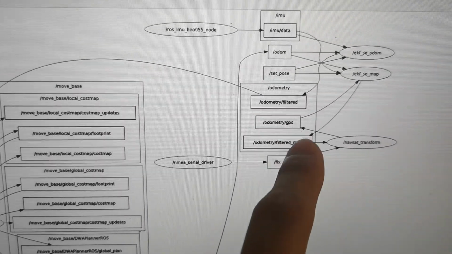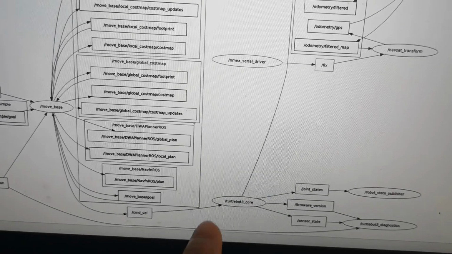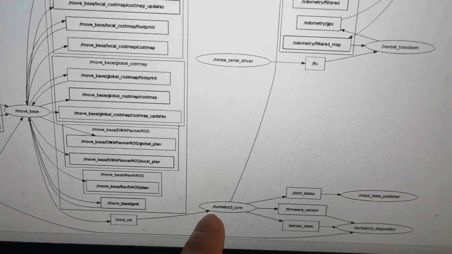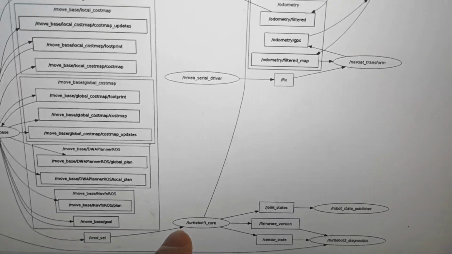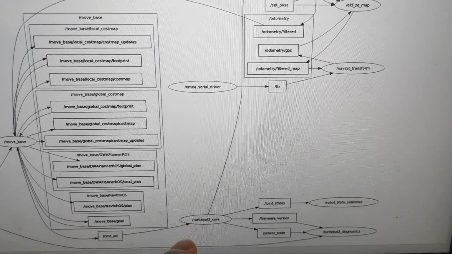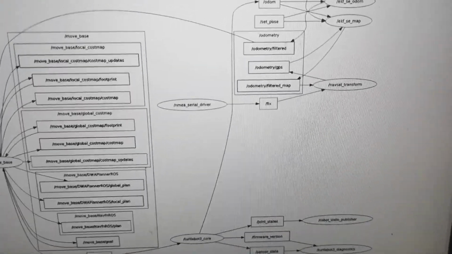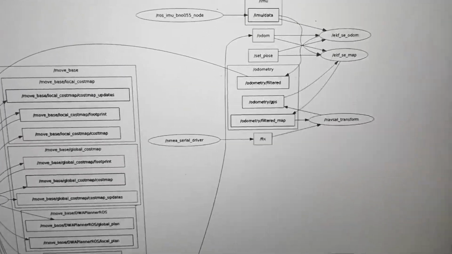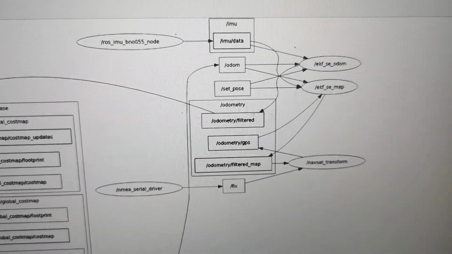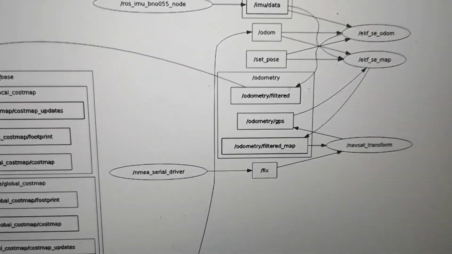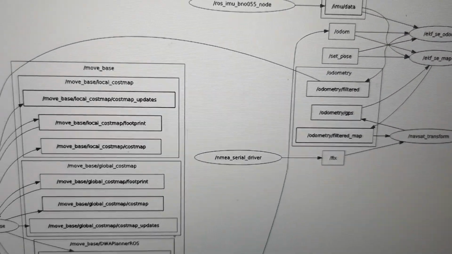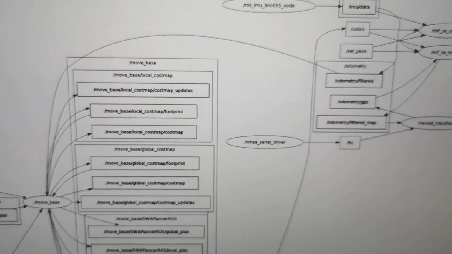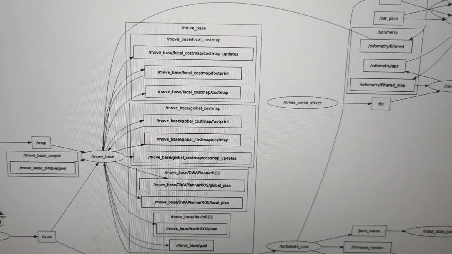I skipped a step here. We do receive the original odometry, or I should say the wheel odometry, the wheel encoder information, as the /odom topic. And eventually we have /odom_filtered, which will be passed back to move_base.